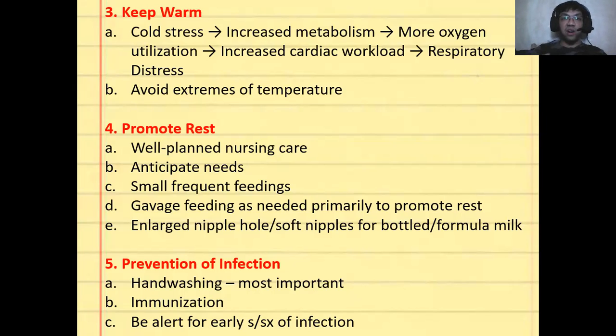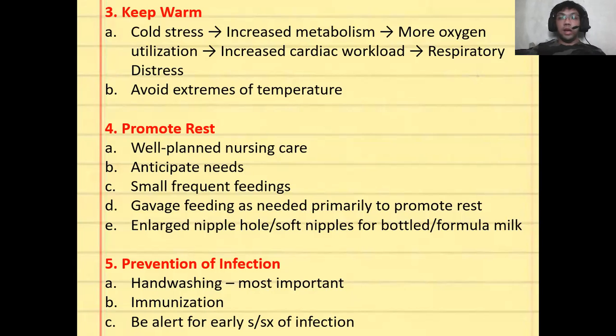Remember, their energy is focused in feeding. With CHD, the cyanotic type, they will feel too tired to perform feeding.